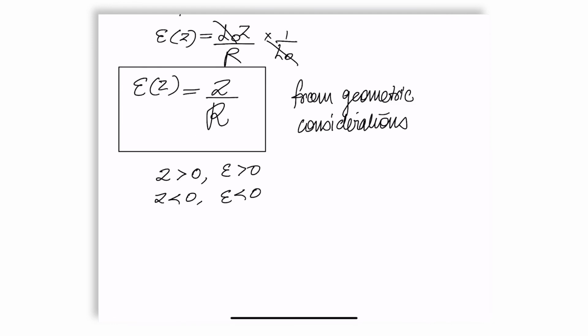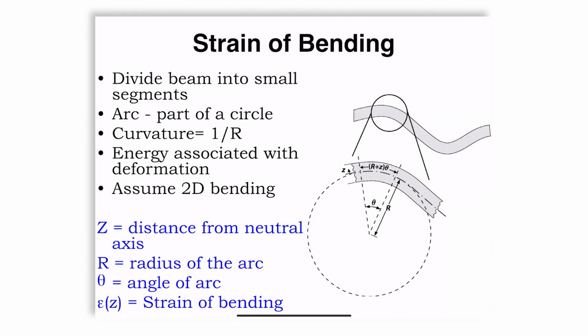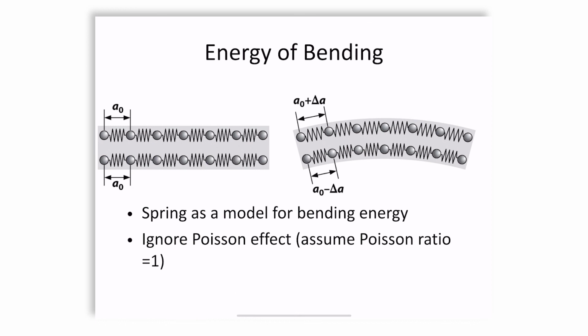And to now my second point about energy of beam bending. So as we saw earlier, the strain of beam bending can be derived from curvature considerations and geometric assumptions about how we can understand the role of height from the neutral axis to arrive at an expression for strain.